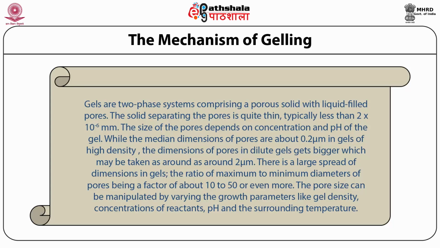While the median dimension of pores is about 0.2 micrometer in gels of high density, the dimensions of pores in dilute gels get bigger, which may be taken as around 2 micrometer. There is a large spread of dimensions in gels, the ratio of maximum to minimum diameters of pores being a factor of about 10 to 50 or even more.